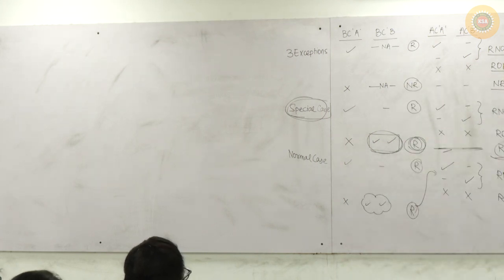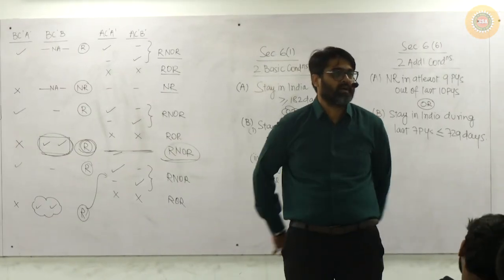Two places you will not check additional conditions. Understood? Special case, becoming a resident by satisfying special basic condition B, directly call RNOR. No need to check additional condition. And second, if you are covered by 6(1A) and becoming a deemed resident, that time also don't check additional conditions. Directly call yourself RNOR.